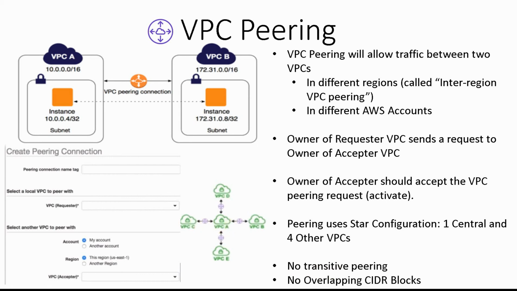So what it means is, yeah, AB, BC, but not AC. Meaning there is a VPC A and VPC B, there is a VPC peering connection. Similarly, A is connected to C, VPC peering in between. But it doesn't mean that B and C can talk to each other. B and C would also require a VPC peering. So yeah, no transitive concept applies here.